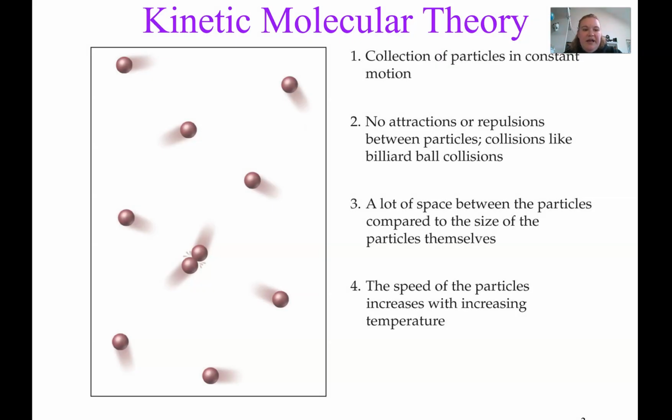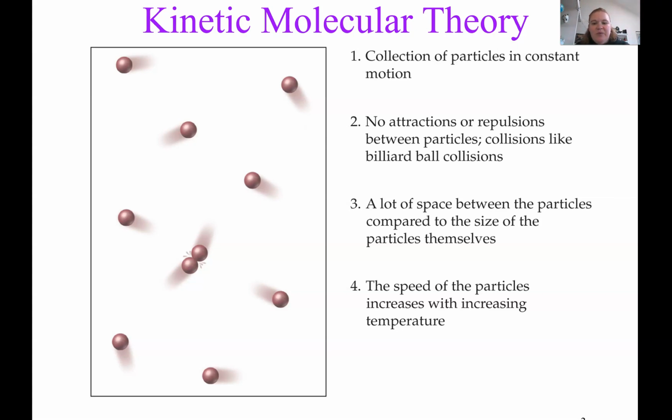The theory that connects a lot of this information and helps explain the gas properties is called the kinetic molecular theory, and these are the four parts of it. It says that gases are a collection of particles in constant motion. The second part says no attractions or repulsions between particles.